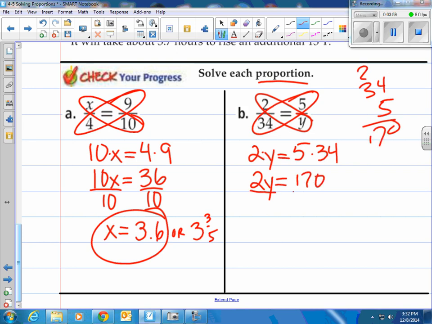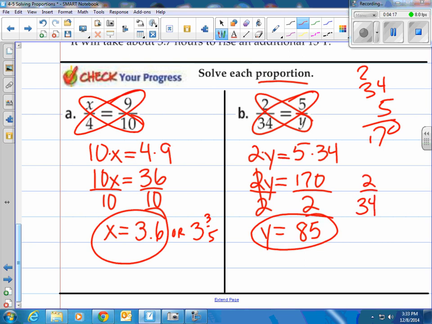We're going to divide by 2. 2's cancel out, and y is equal to whatever 170 divided by 2 is. Well, I know 160 divided by 2 is 80, so let's add on 5 to each. That's going to be 85. 85 and 85 make 170. So y is 85. What these are saying, again, in this one, it's 2 to 34 is equal to 5 to 85. Those fractions are equal.